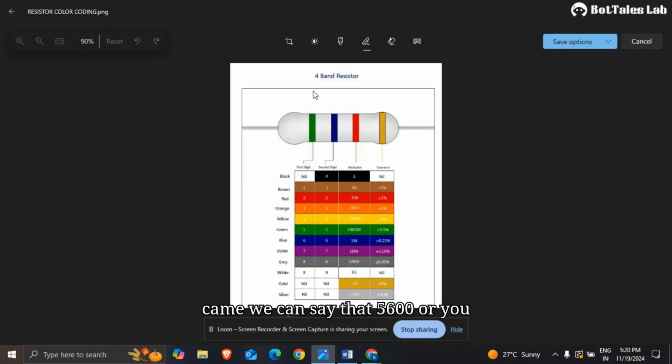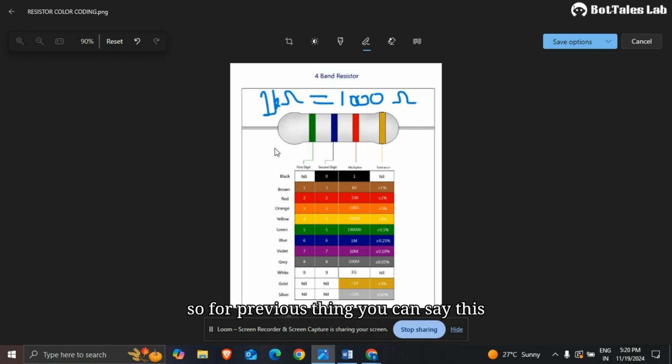Also, we can say 5600, or you can say in kilo ohm. Here, one thing I will tell you: 1 kilo ohm equals 1000 ohm. So for the previous example, this resistor value was 5600 ohm.